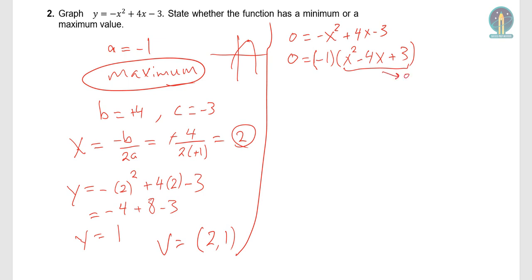Or said another way, we could just multiply both sides by the negative 1 to get rid of the negative 1 and to simplify this expression further. So 0 times negative 1 is still 0, and I get the second pair of parentheses.